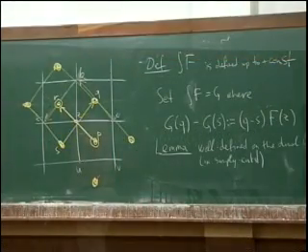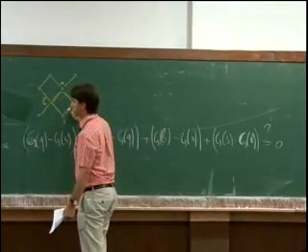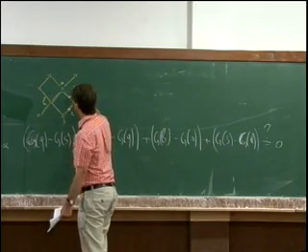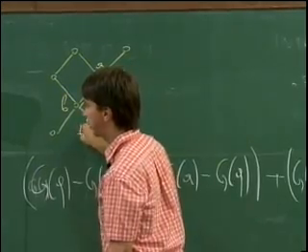There is a point here, z. There is a point here which we denoted by k. There is a point here which we denoted by t.